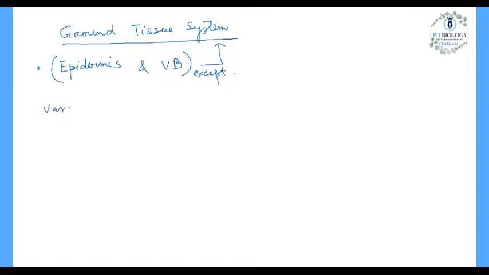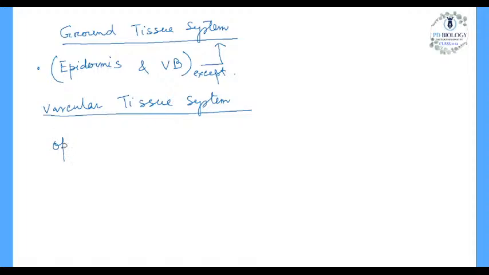Now the vascular tissue system, that is xylem and phloem; together they form the vascular system. Here is the important concept.